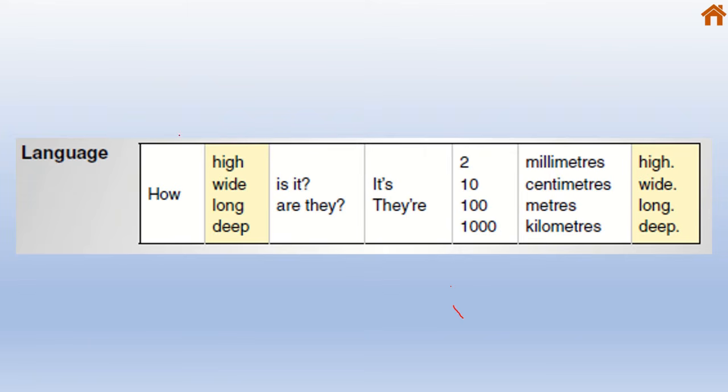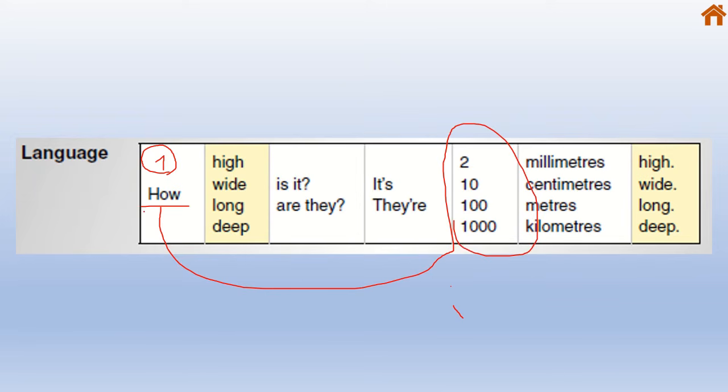Okay, how to make questions. If you want to ask about a dimension of something, let's say that you work as an engineer, شغالك كمهندس, you want to ask the supervisor about the height of the door, for example. How to make question. At the beginning, number one, we need to use how because we are talking about numbers.